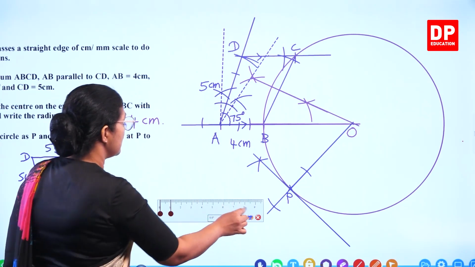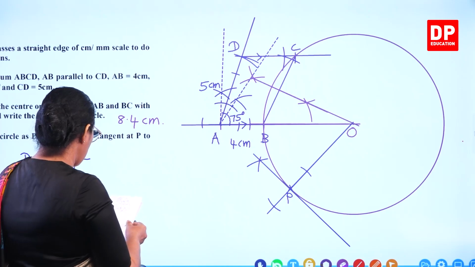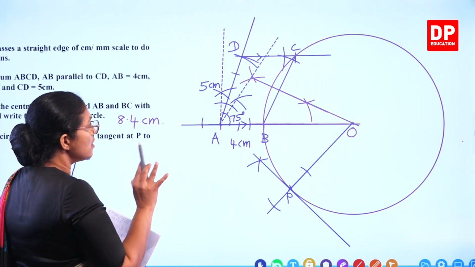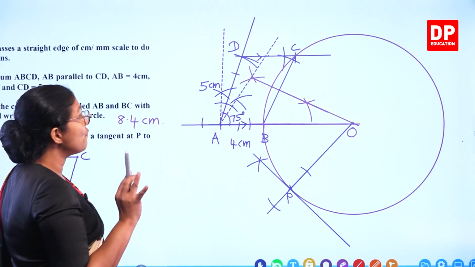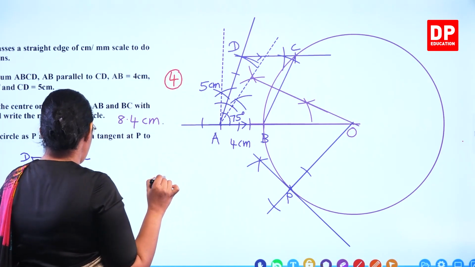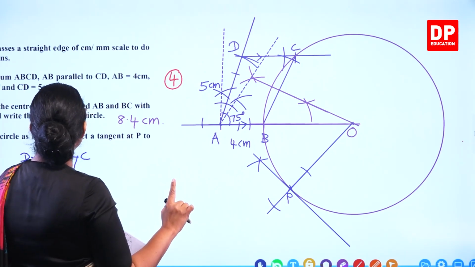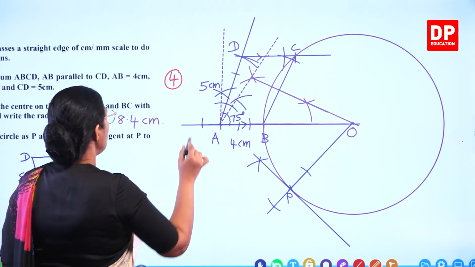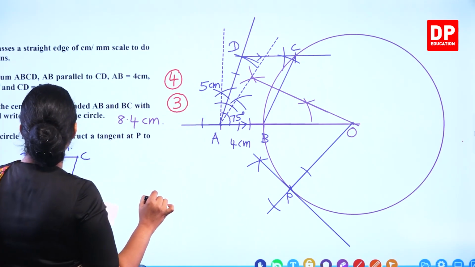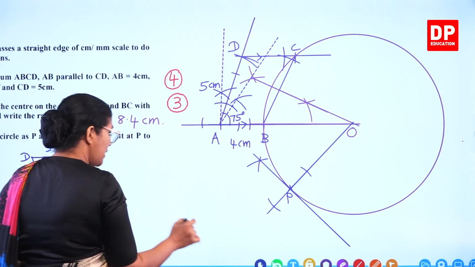So let's give marks for all these parts. So here, first part, constructing the trapezium, you get 4 marks. And then finding the center and drawing the circle, you get 3 marks. And the last part, so 3 marks, this one 1 mark is included there.